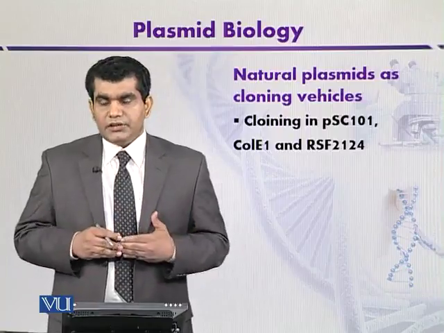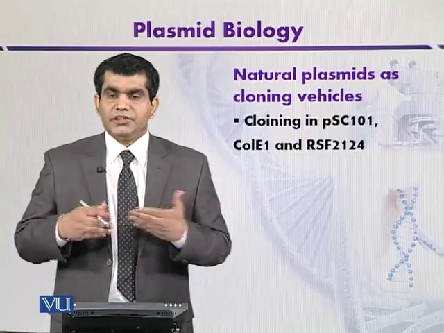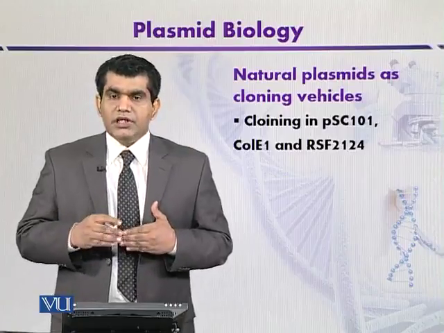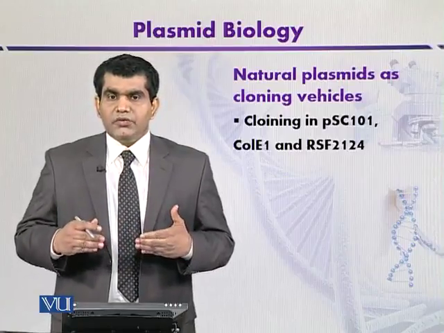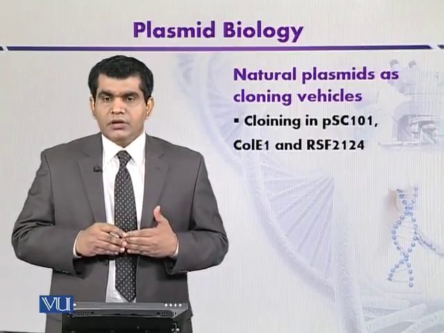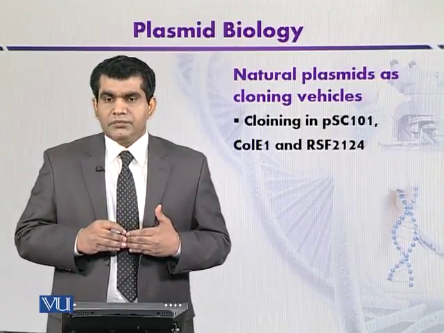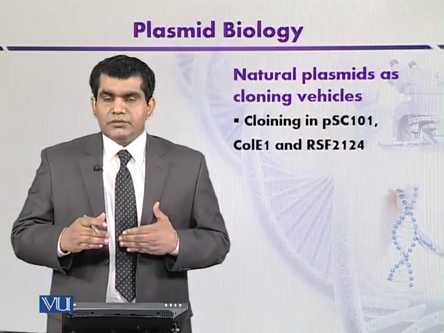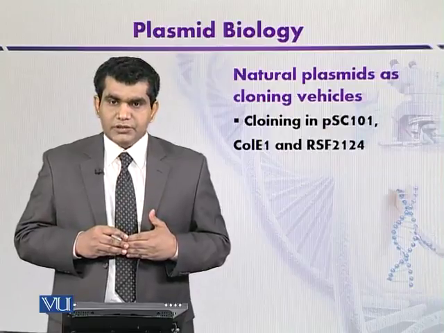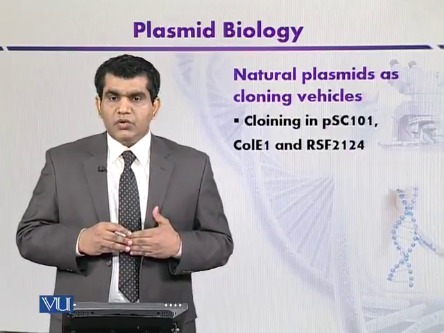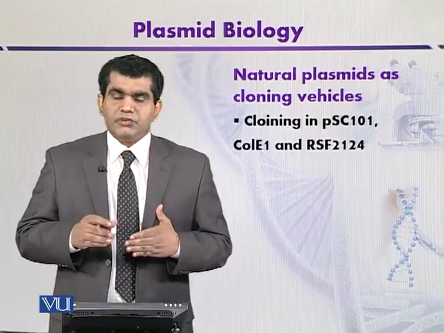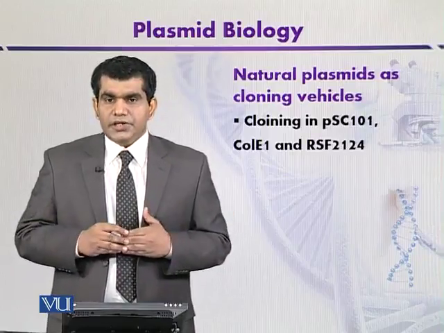So we can say that col E1 or its derivative RSF2124 has advantages over the pSC101 plasmid. The advantage is that col E1 is present as a high copy number plasmid, and moreover its detection after transformation is relatively easy.